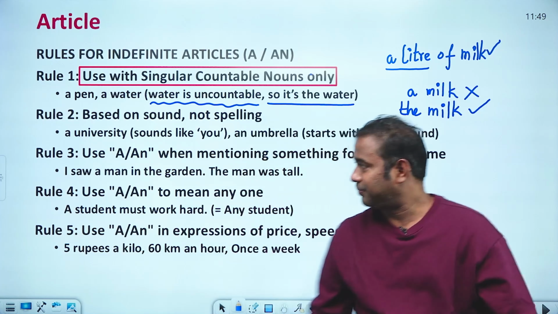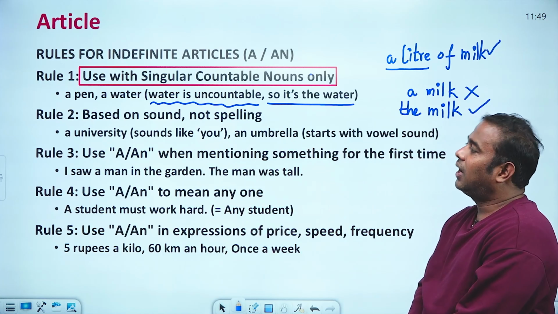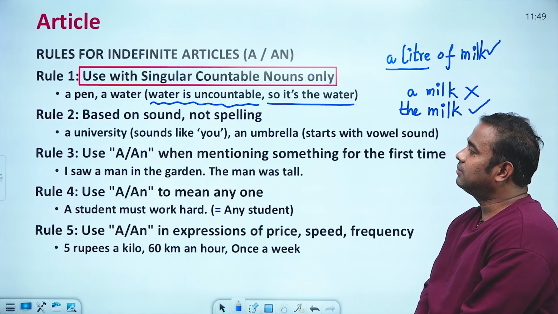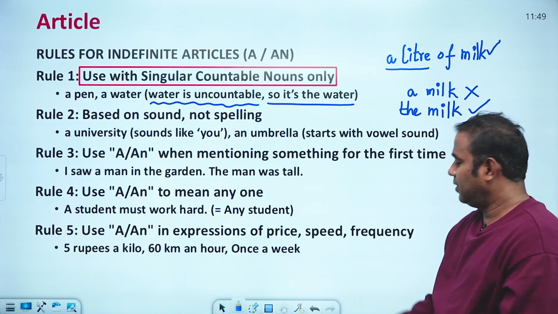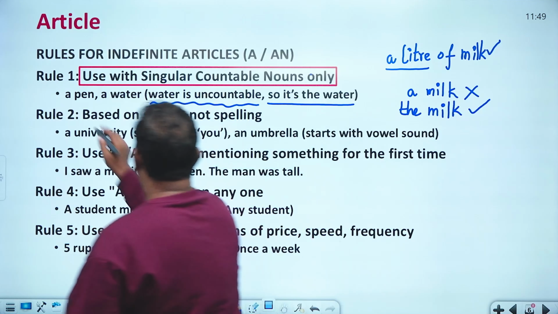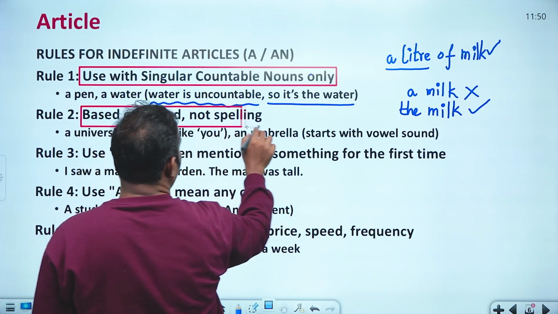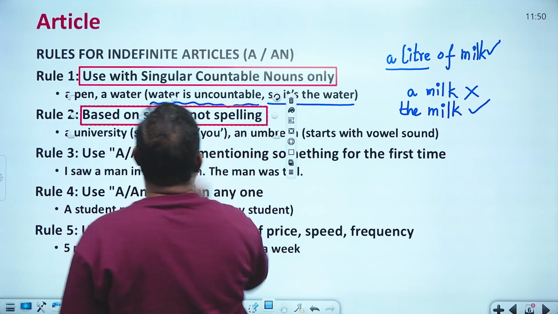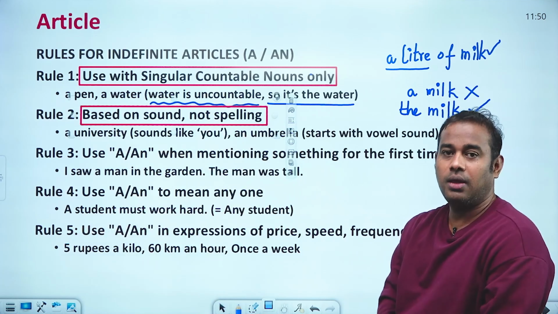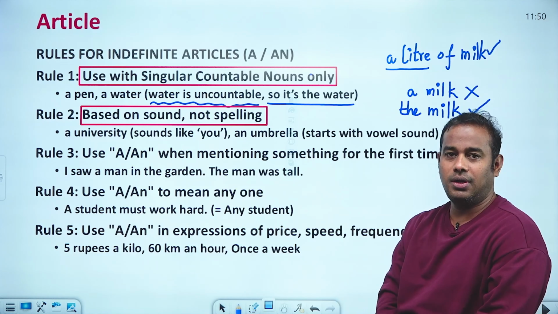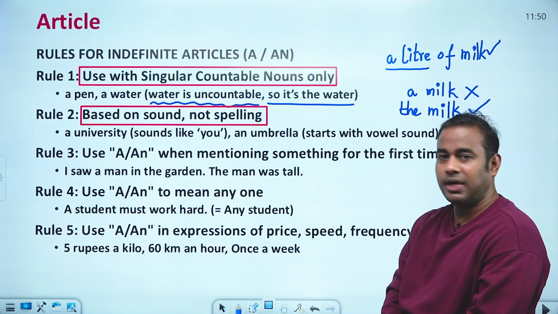Then the next one, rule number 2: the rule is based on the sound and not the spelling. You have to use the article a based upon sound, not on spelling.